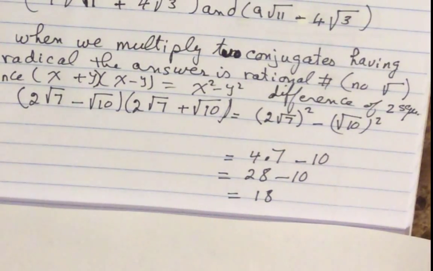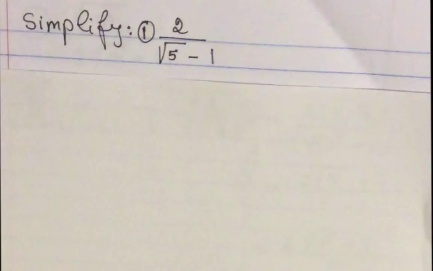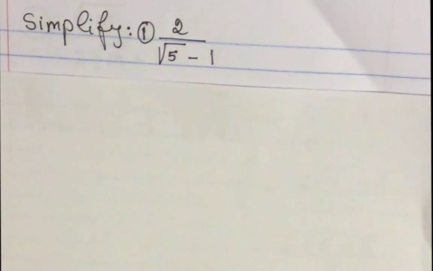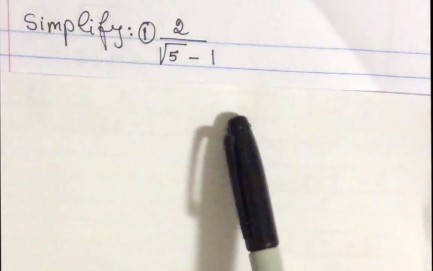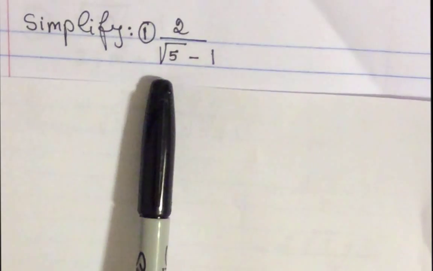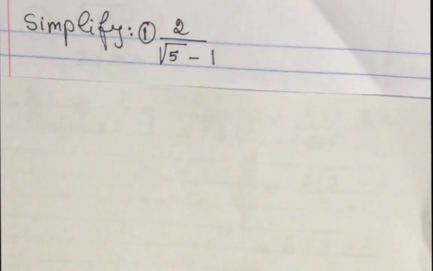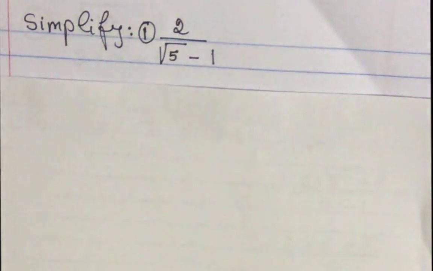That was another example of multiplying two conjugates. Now here's an example of how we're going to use a conjugate to simplify. Yeah, we can say simplify, because remember when we say we have to simplify radicals, or any problem like this, your final answer cannot have a radical in the denominator, and in this problem we have radical 5. To simplify here means nothing inside the square root that you can take out. That's one thing.